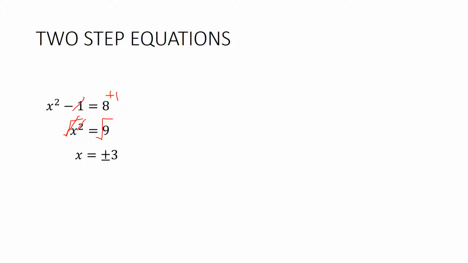And our answer is actually going to be 2 answers. So the square root of 9 is actually plus or minus 3. And if you're unconvinced about that, remember the square means to multiply something by itself. So -3 times -3 is +9. So square root of 9 is 2 answers, +3 and -3.